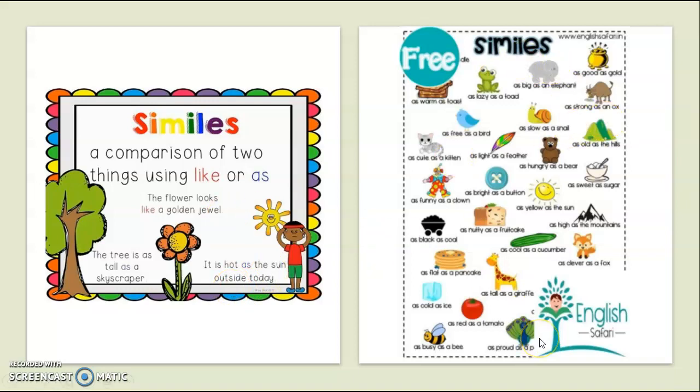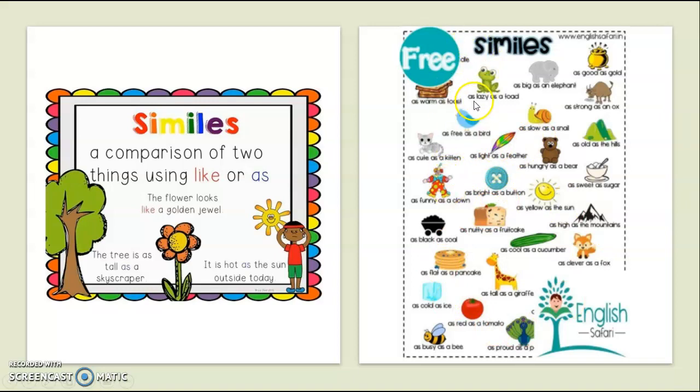And here to our right side, we have more simile examples. These are similes we can use to compare something else to these objects or animals here.